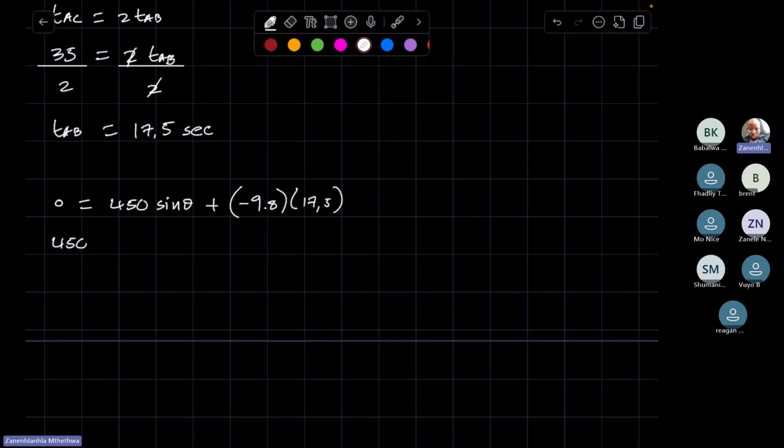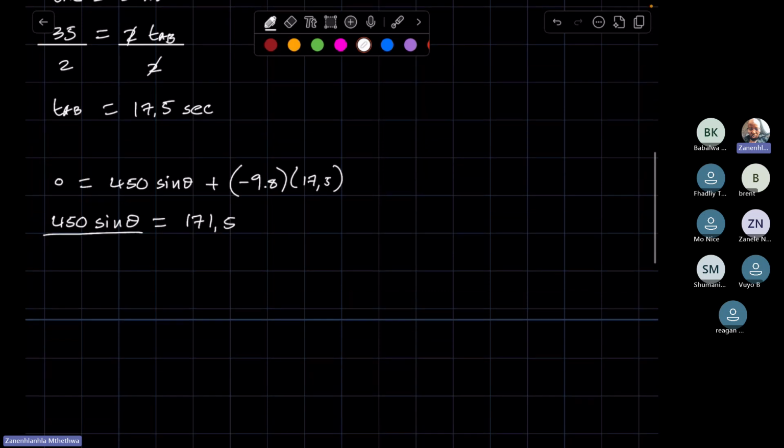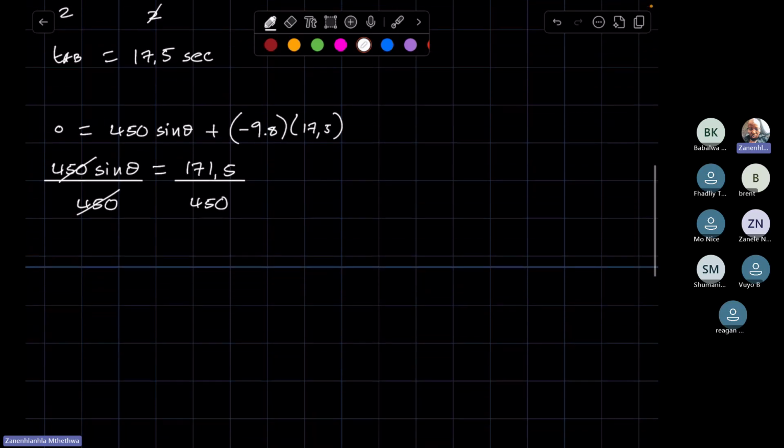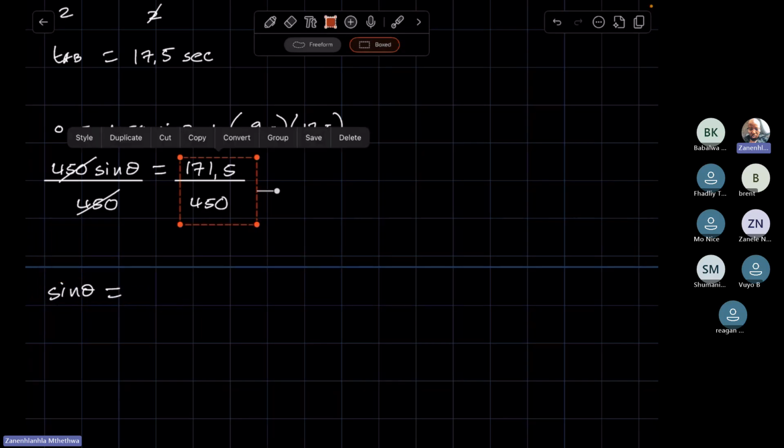So then you'll be left with 450 sine theta is equal to 171.5. And then, of course, you divide both sides by 450. And this leaves us with sine theta is equal to this.